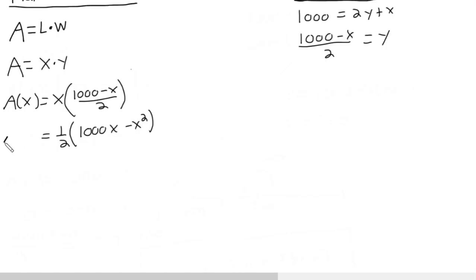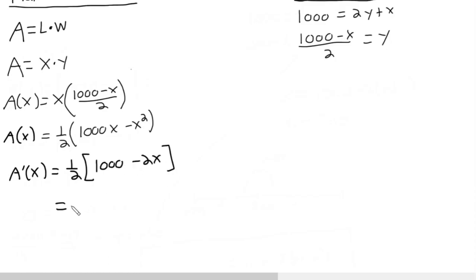Now we just differentiate. Oops, I haven't taken the derivative yet. Okay, so this is my A of x function, and now I'm going to write A prime. I'm going to leave this constant out front: 1,000 minus 2x. And I can distribute that 1/2 in.